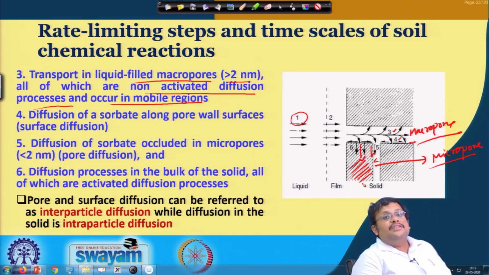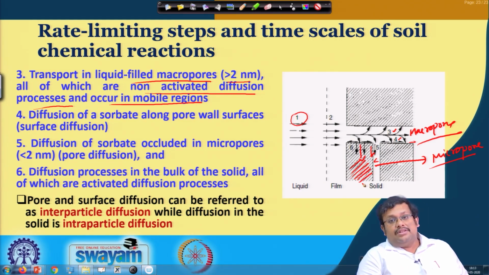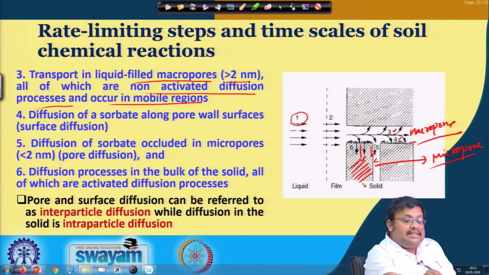Pore and surface diffusion can be referred to as interparticle diffusion because it is occurring in between the particles, whereas the diffusion in the solid is known as intraparticle diffusion, because the diffusion going on is inside the particles. So, these are the 6 different transport processes which are occurring inside the soil system.